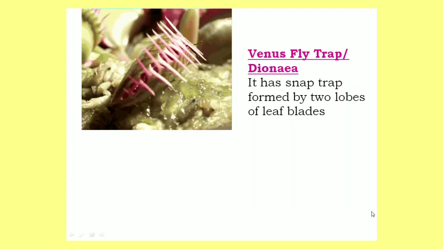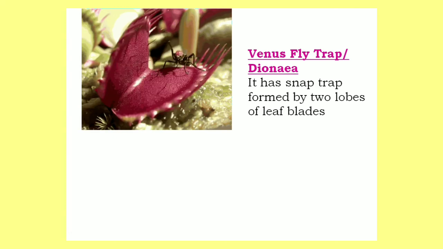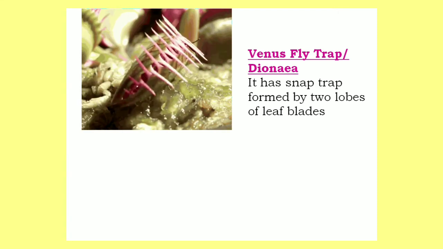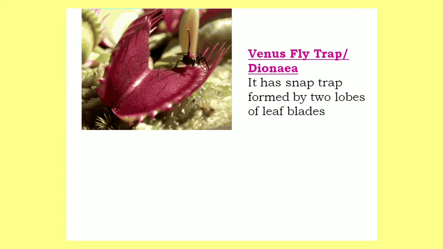We have the next one, Venus flytrap, which is also known as Dionaea. The leaf is divided into two halves, each half being bright red in color and kidney shaped. It bears three long sensitive hairs arranged in a triangle on the upper surface.